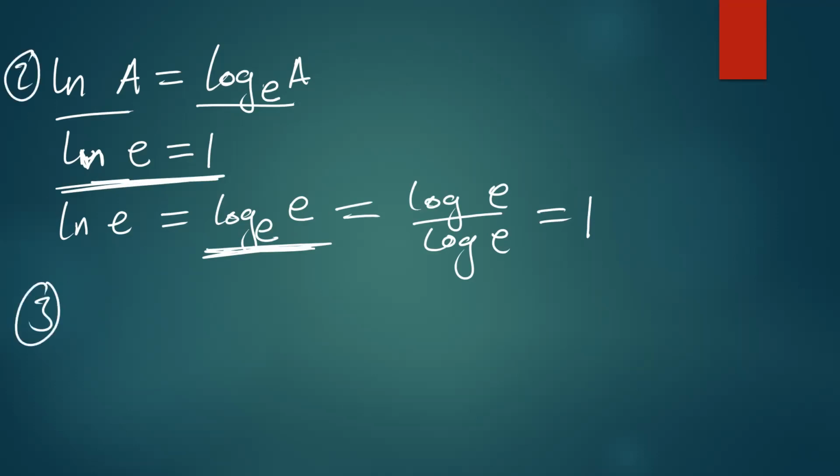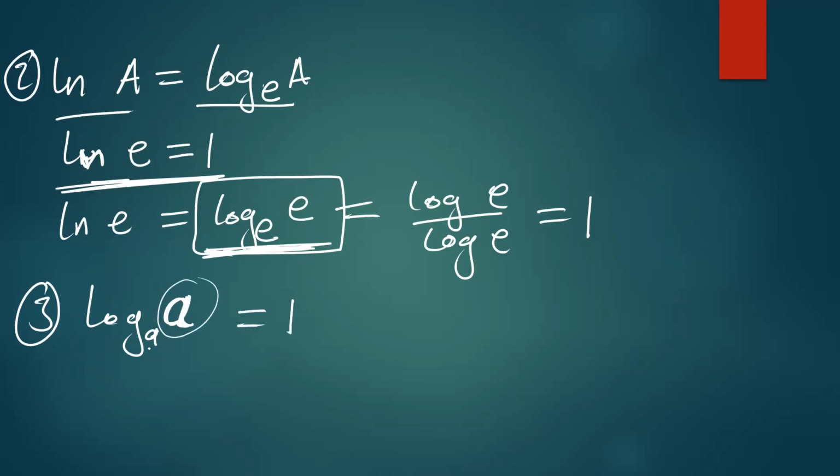For the third rule, we employ this same part here. Whenever you have any logarithm in the format log A base A, where the base and what you have there are the same, the answer is 1. If a question asks you to find the value of log 2 base 2, the answer is 1.